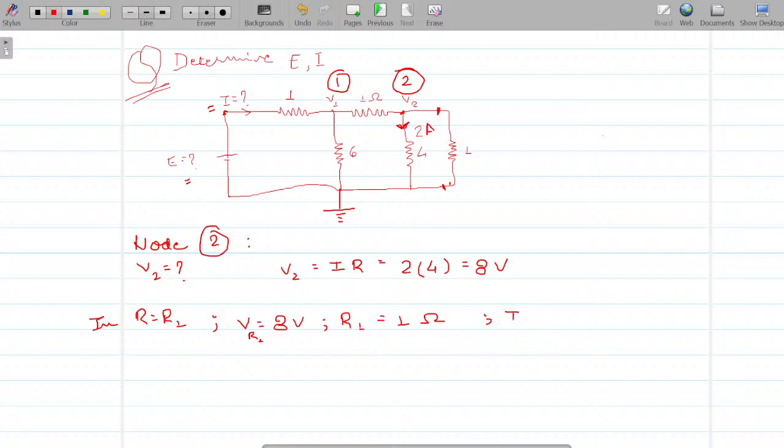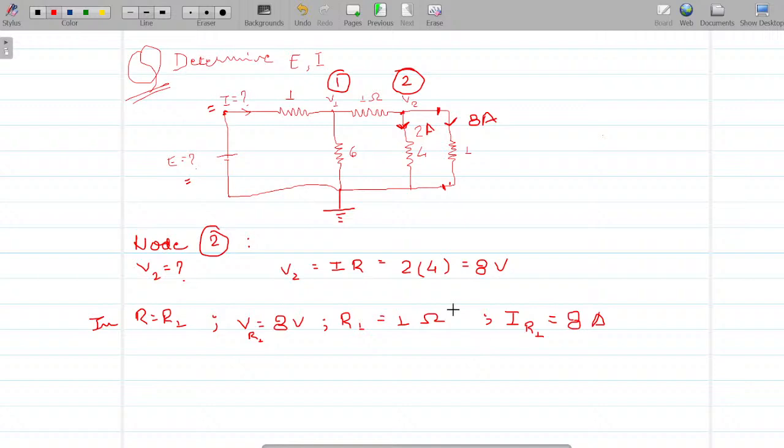So the current through resistance R1 would be equal to what? 8 amperes. Can I say it? This is higher potential, this is lower potential. The current flows from higher potential to lower potential. This would be what? 8 amperes, right?